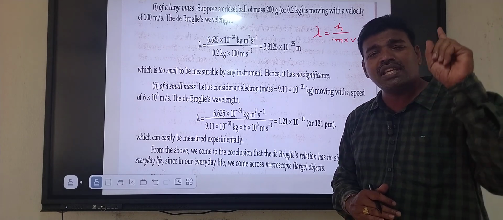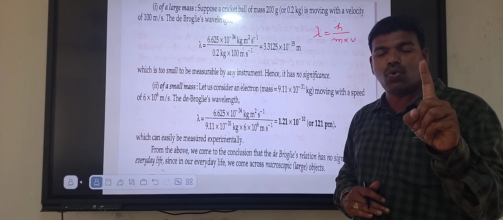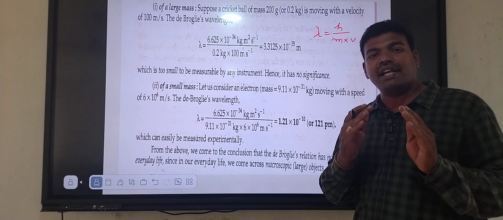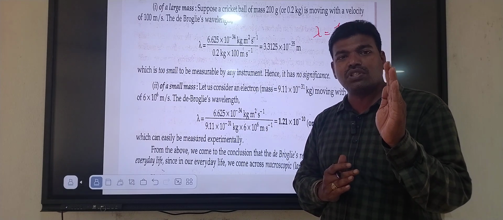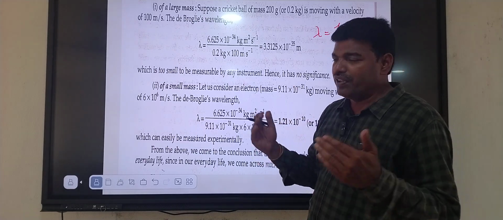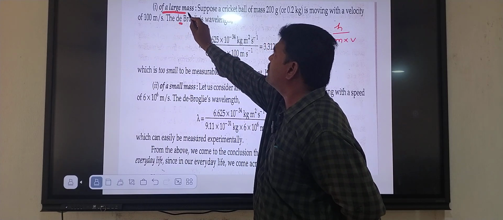Already I told you in the introduction to quantum mechanics, I defined macro objects. Macro objects are the objects which have considerable mass. Now let us go with objects of large mass.